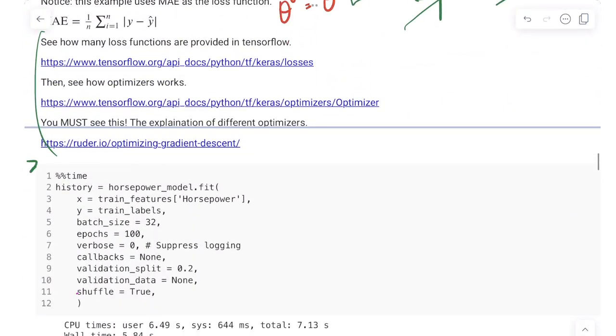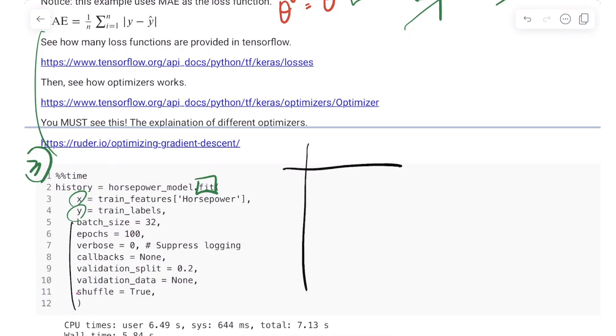The third part is fit. That means we have all the x and y in our training data, and we start performing gradient descent. But when you perform gradient descent, there are several parameters right here.